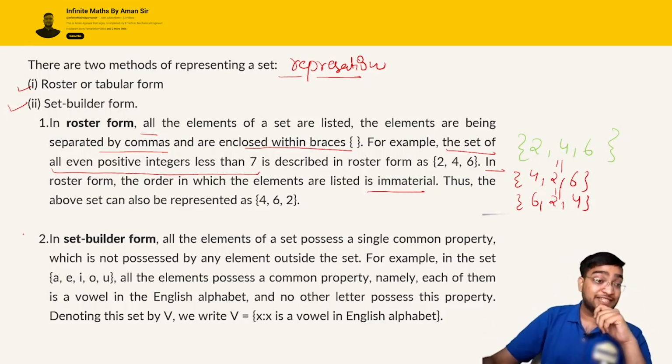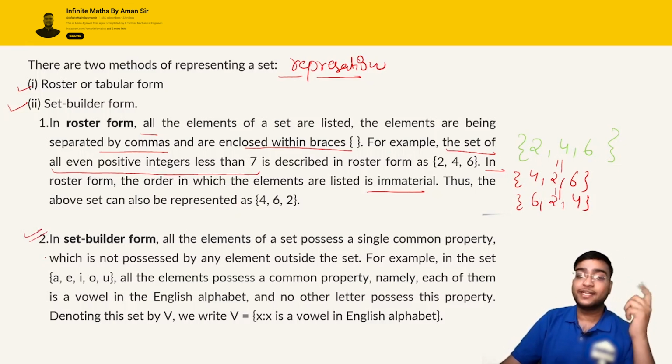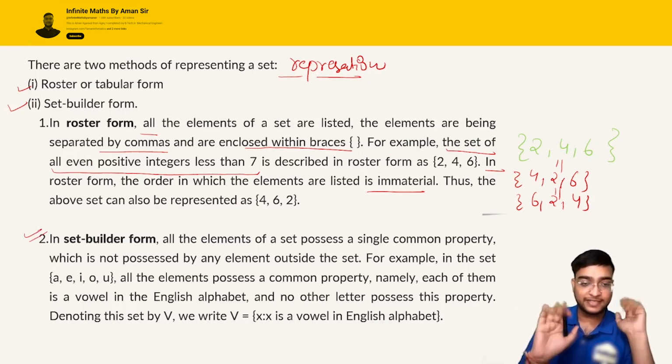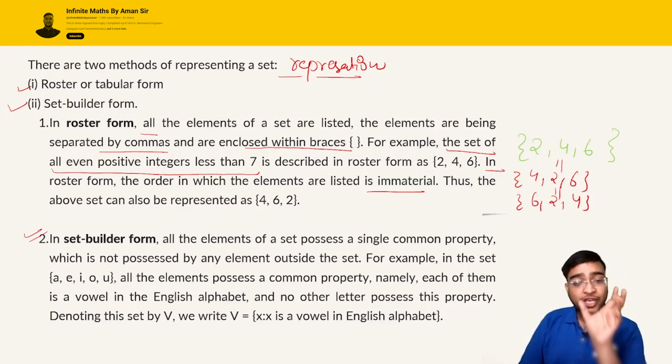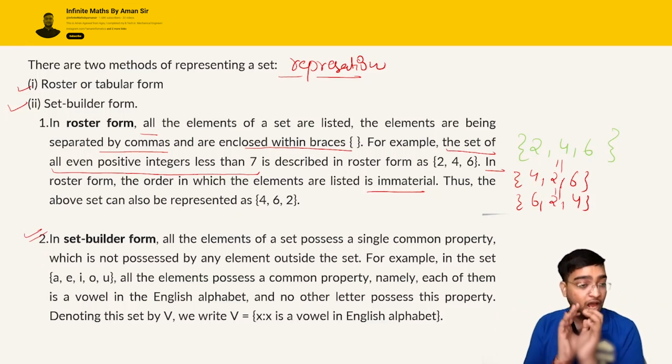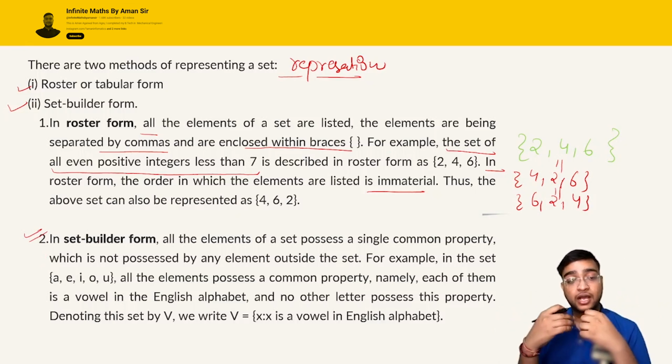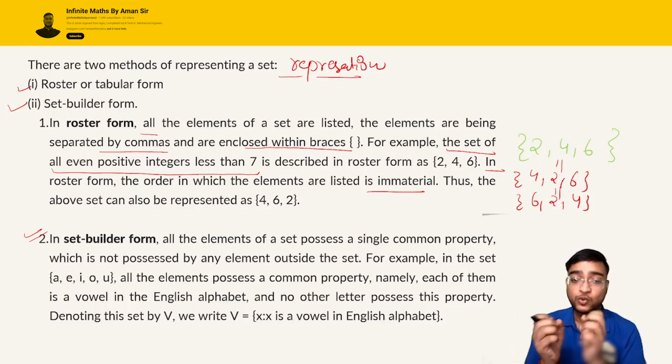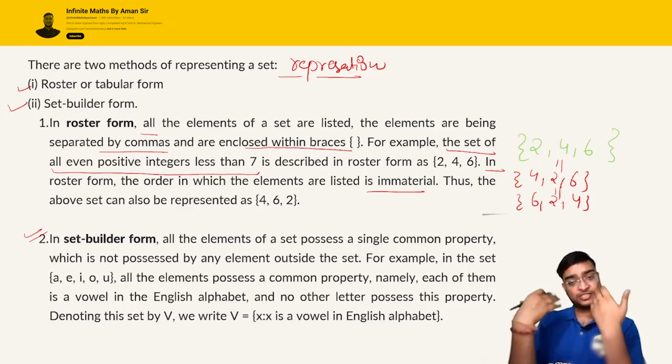Okay, so the second form is set builder form. In set builder form, you give a statement. You cannot give all the objects in the set. You just give the statement for that set and enclose it in curly braces, and that is your set builder form.